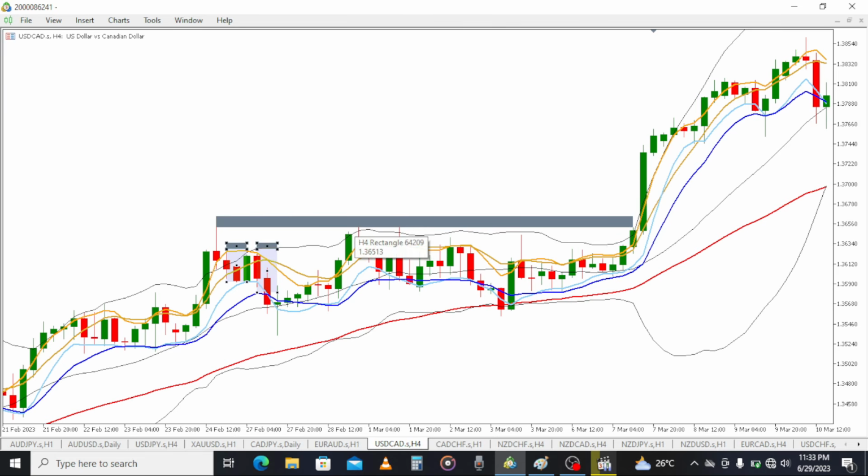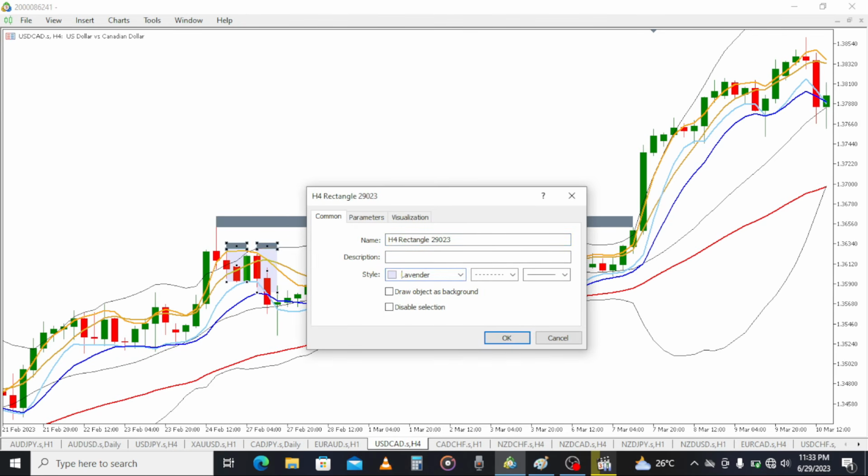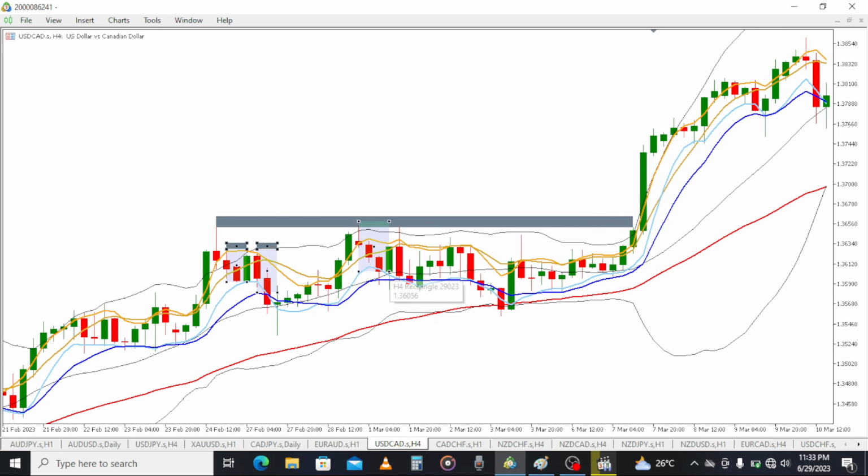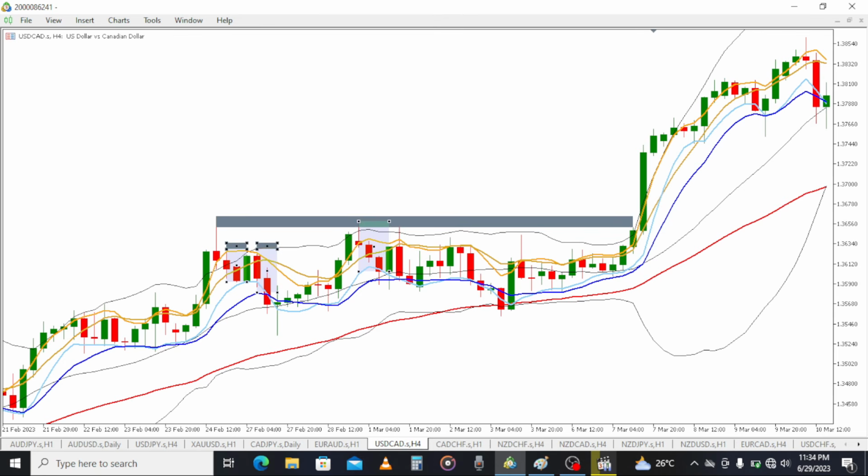As you know, our first target should be the MA10 high, rather, let me just change this color. Okay, our MA10 high, and our second target should be the MA10 low.